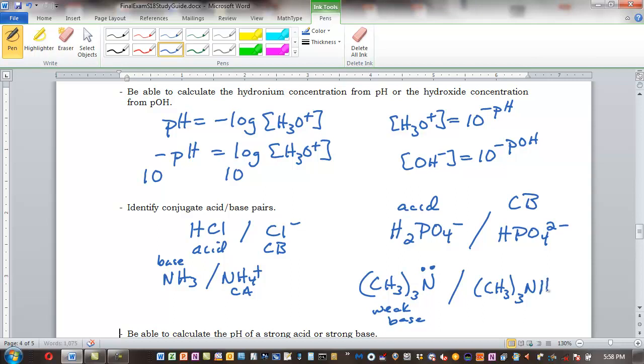And so we write the hydrogen ion next to the nitrogen. Okay, so again, key difference, just a single H+. The acid has one more H+ than the base. Same thing here. The acid, this is the conjugate acid, one more H+ than that weak base.